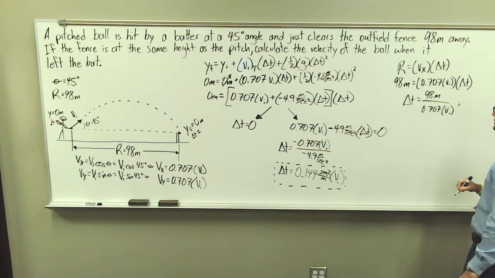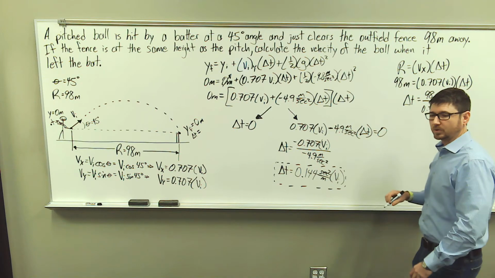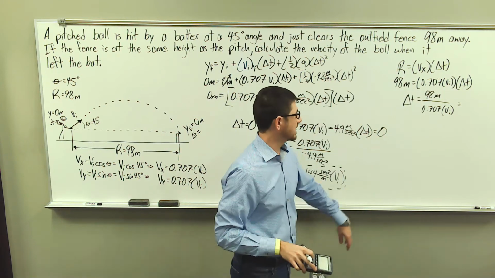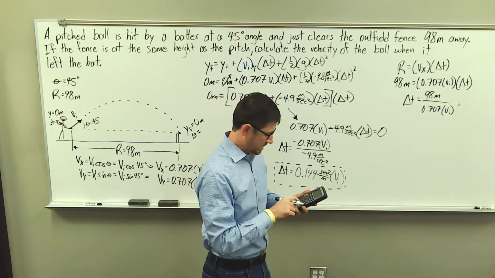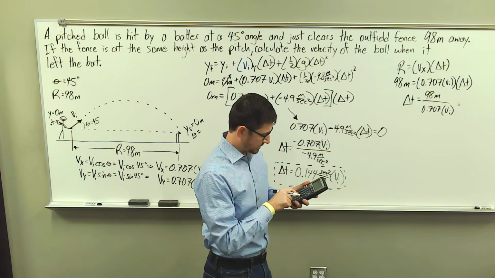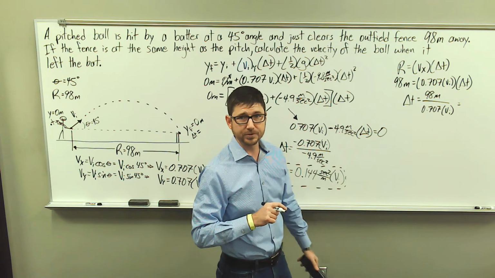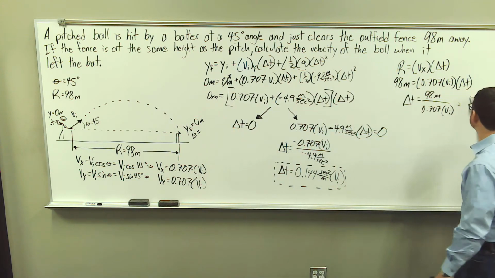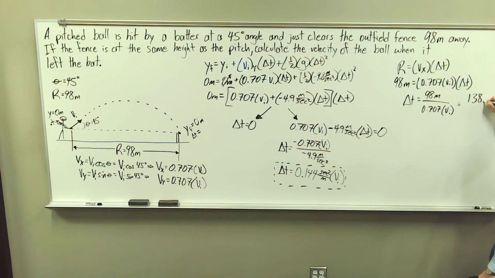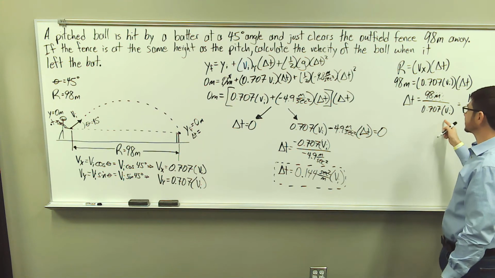So what I'm going to do is my division, and we're going to have initial velocity in our denominator. So 98 divided by 0.707 is equal to 138.61 divided by v sub I. And let's not forget that we have units of meters here. So that's what delta t is equal to.